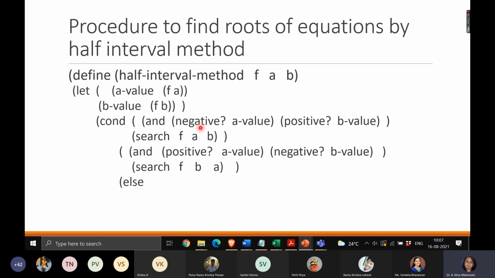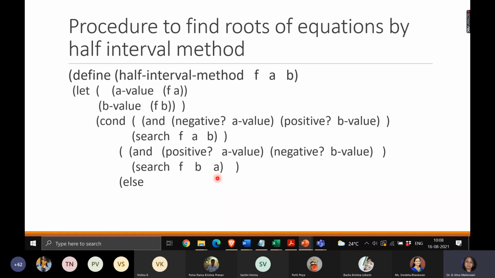Now, if a value is negative and b value is positive, both are true, then call the search with a comma b. Otherwise, a is positive and b is negative, both are true, then call the search function with b comma a.